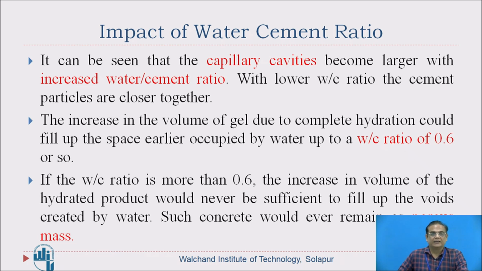So up to a water cement ratio of 0.6, we will observe that the hydration process takes place in a good fashion, as the increase in volume of gel due to addition of this much water will be sufficient. Otherwise, suppose the water cement ratio is more than 0.6, what will happen? The increase in the volume of hydrated product would never be sufficient to fill up the voids created by water, and such concrete will always remain a porous mass.